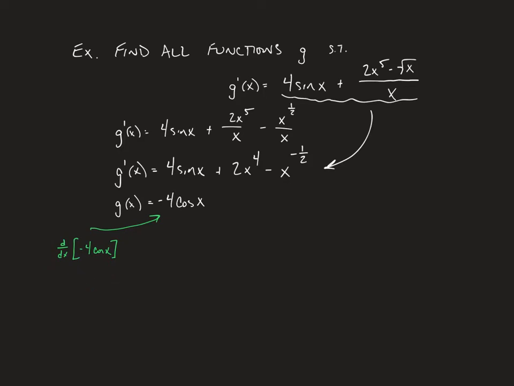Now we can go back and deal with these other two terms. 2x to the fourth. Well, if I go backwards and take the antiderivative, it's going to have to be an x to the fifth, right? Because when I take that derivative, the 5 comes down and the exponent becomes a 4. But when that 5 comes down, I need it to somehow become a 2.